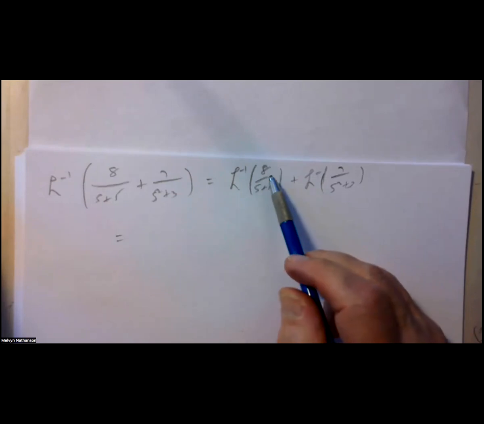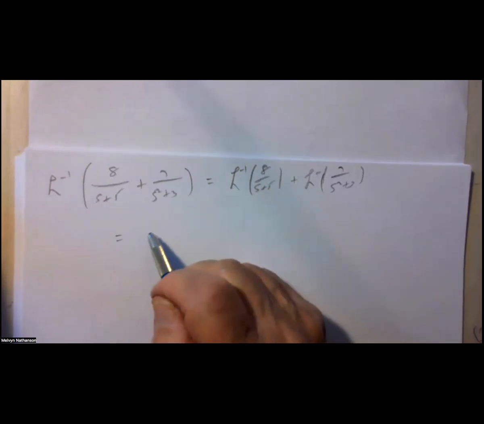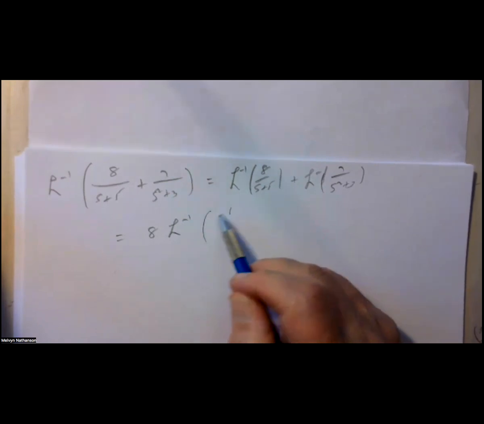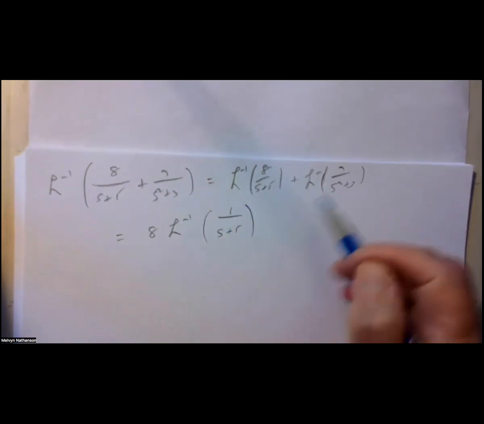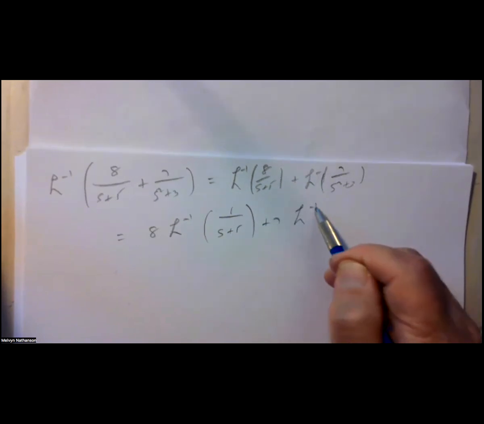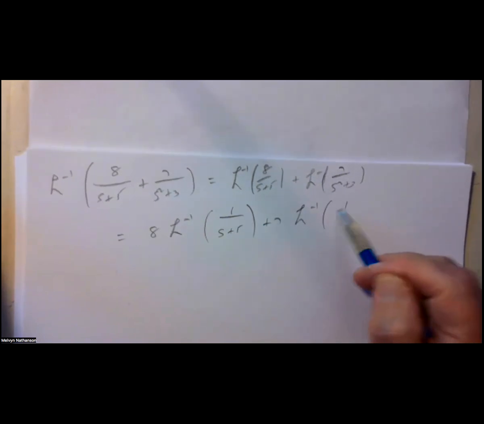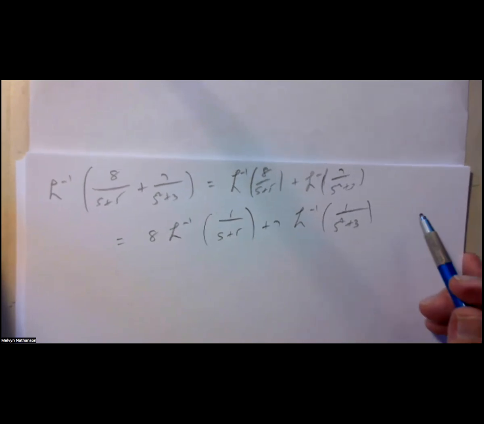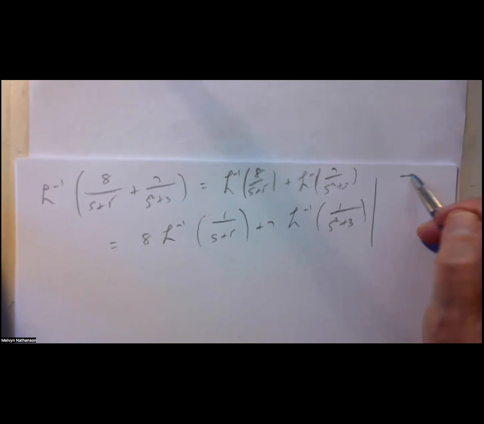And again, by linearity, I can take the 8 outside. This is 8 times the inverse Laplace transform of 1 over s plus 5. And I can take the 7 outside of this, 7 times the inverse Laplace transform of 1 over s squared plus 3. And now I can look at my table.